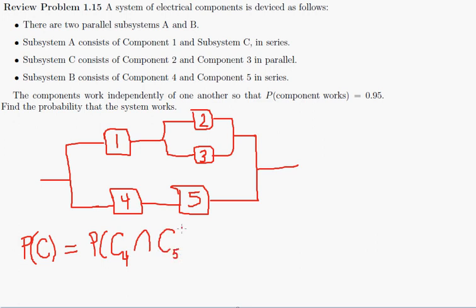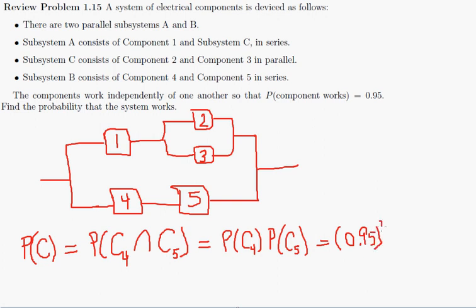They both have to work in order for the bottom to work, subsystem C. And so by our multiplication rule, this is going to be equal to the probability that component 4 works times the probability that component 5 works. And because of independence, well, that's going to be 0.95 squared. And 0.95 squared is 0.9025.